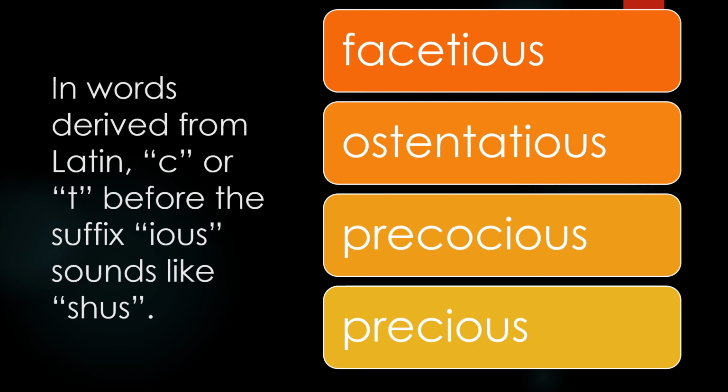Ostentatious, T-I-O-U-S, shus. C-I-O-U-S, precocious, shus, and finally, precious. So that C-I-O-U-S is a shus sound, the T-I-O-U-S is a shus sound. Listen for the sound. If you know the origin of the word, then you know that shus sound is going to be either T-I-O-U-S or C-I-O-U-S.